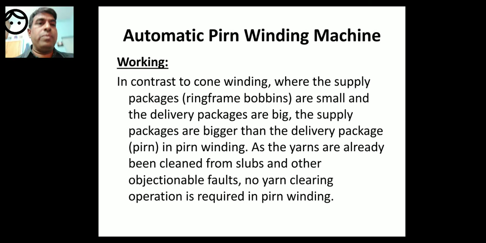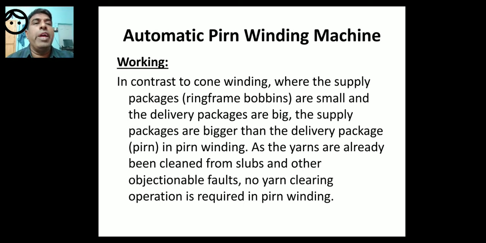So in contrast to cone winding, please observe this one more time. Where the supply packages, that means ring frame bobbins, are small and the delivery packages, that means end products, are big.